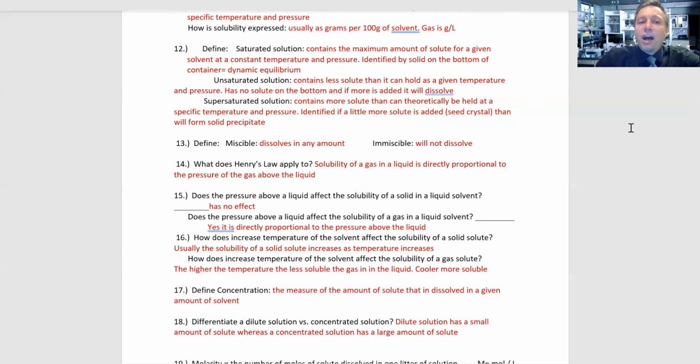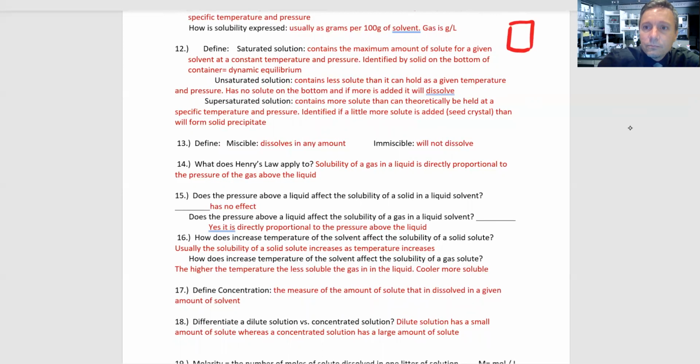You can identify saturated because on the bottom of the container, if you have a beaker, you're going to have some crystal solids on the bottom.